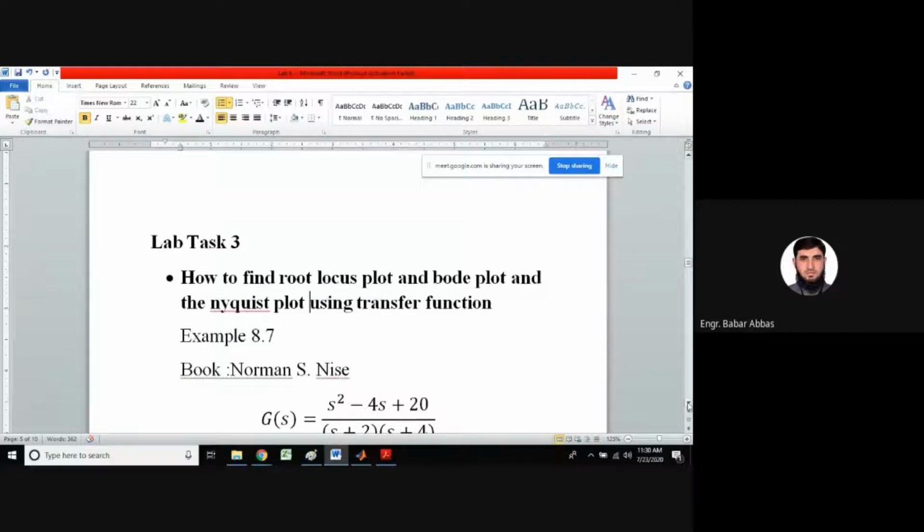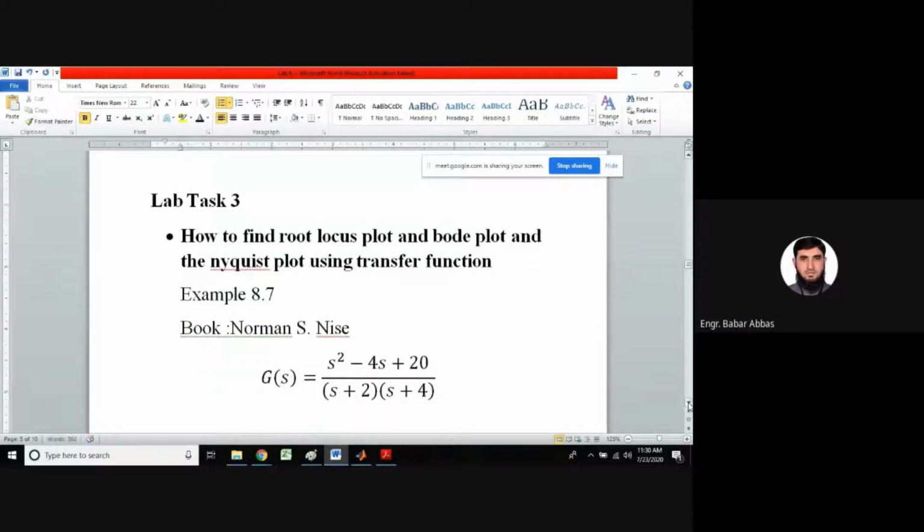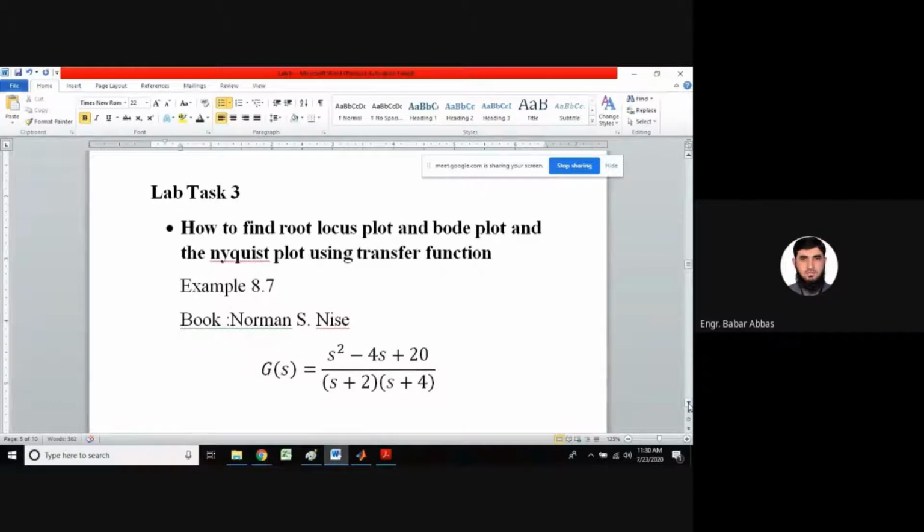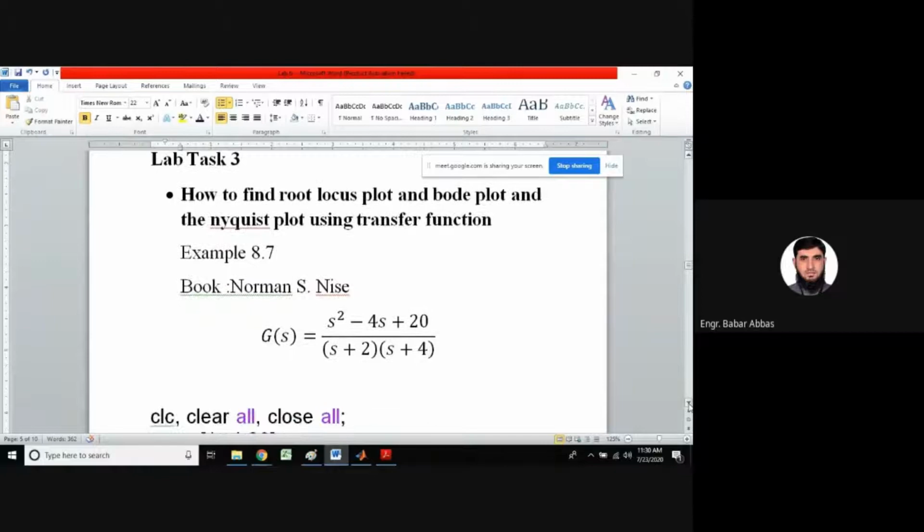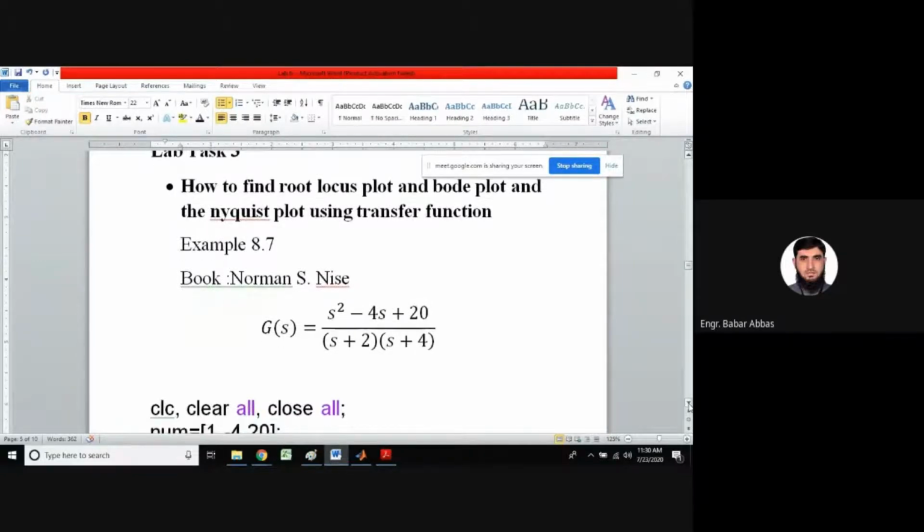An example taken is from the Norman S. Nise Control System Engineering book. This is chapter number 8, example 8.7.